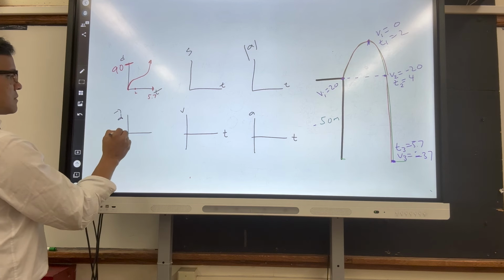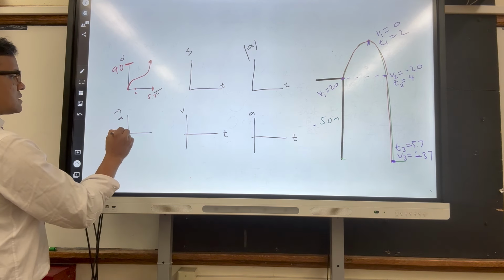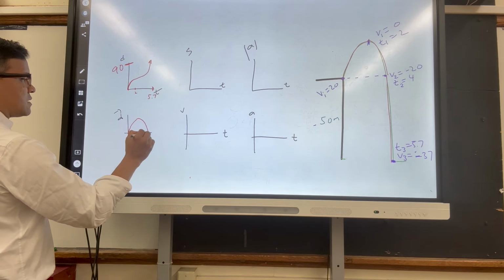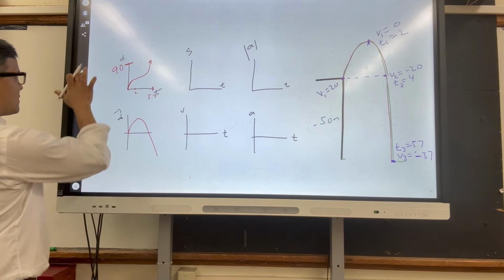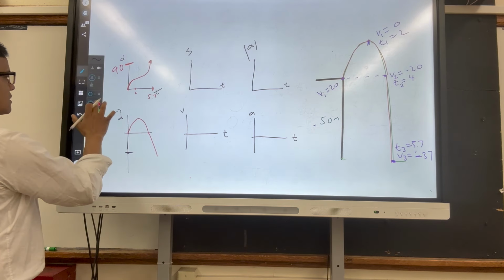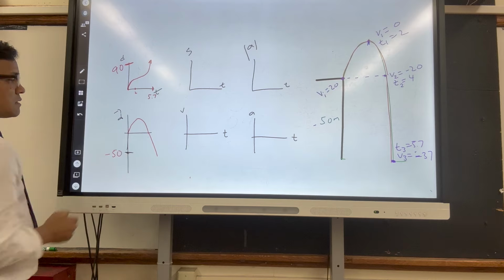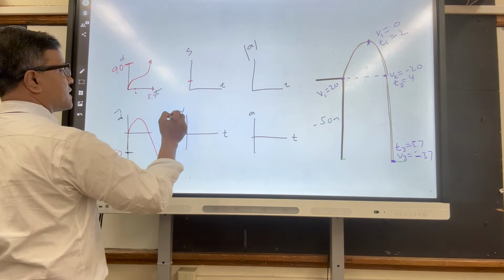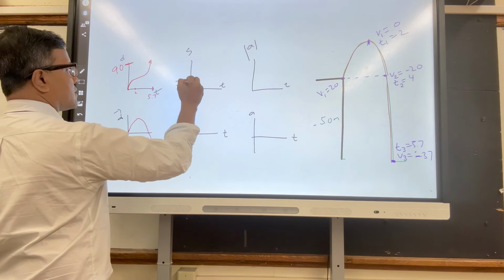Displacement. Here, from here to here is 20, here to here is negative 20, here to here is 50, I mean negative 50. Okay, speed. Here is, I don't know, 20, 0.